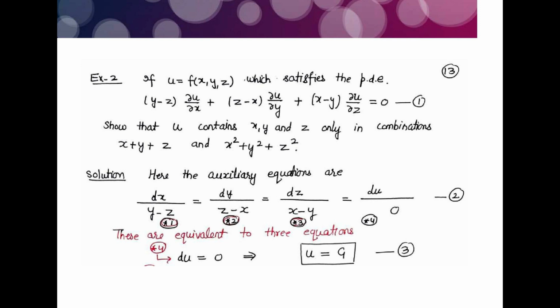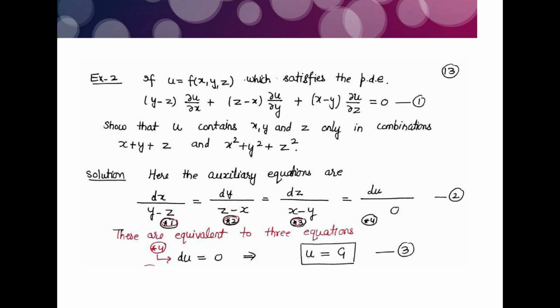First one is the last one, du divided by 0. So here I can say that du equal to 0. Only then it is going to make sense, right? So du equal to 0. So this implies that u equal to some constant. We have first integral curve.